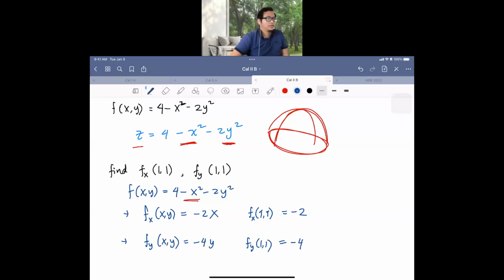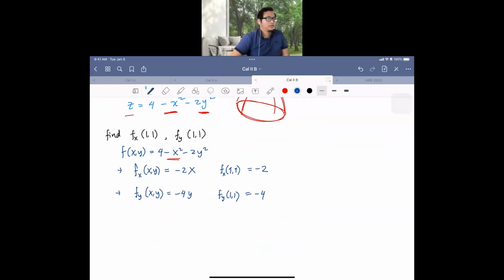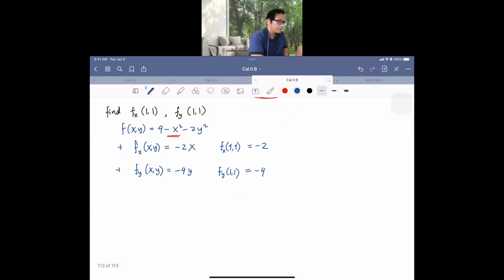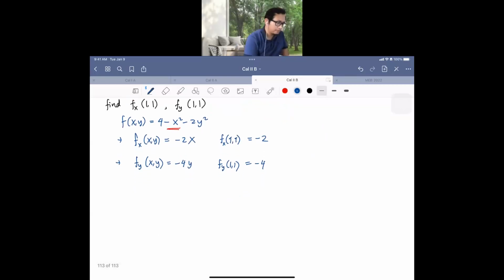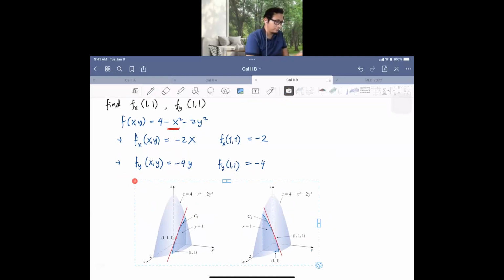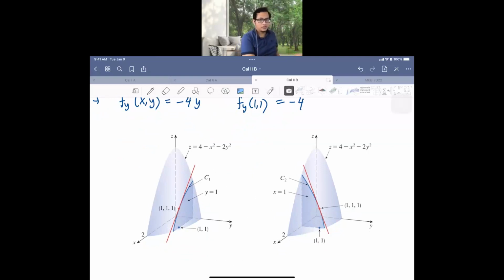Now if we are going to translate these numbers into our graph, if we are going to look at how this paraboloid behaves, first let's see our point (1, 1, 1). That is our objective.